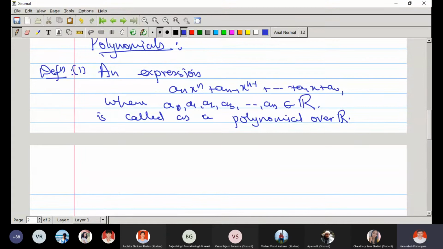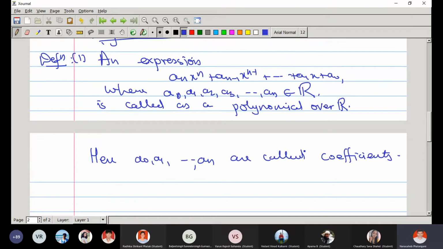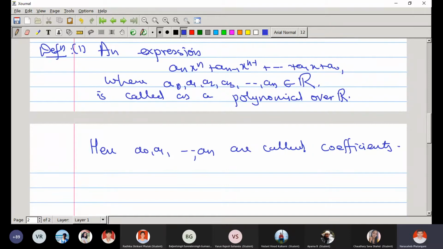If these constants are real numbers, then it is called a polynomial. Here a_0, a_1, up to a_n are called coefficients. If coefficients are real numbers, then it is called a polynomial over R. And x is called an indeterminate.